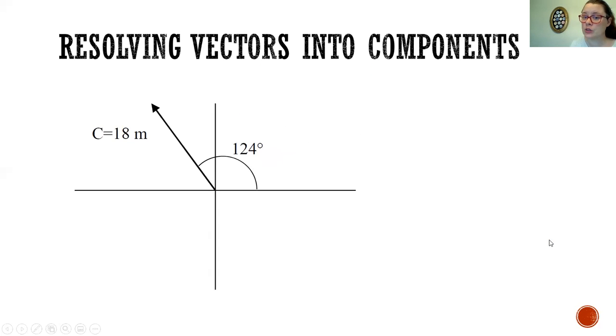So we just discovered in our last lesson, using the first quadrant, that the y component is sine and the x component uses cosine. So we know that x is equal to the length of the vector times the cosine of our angle.